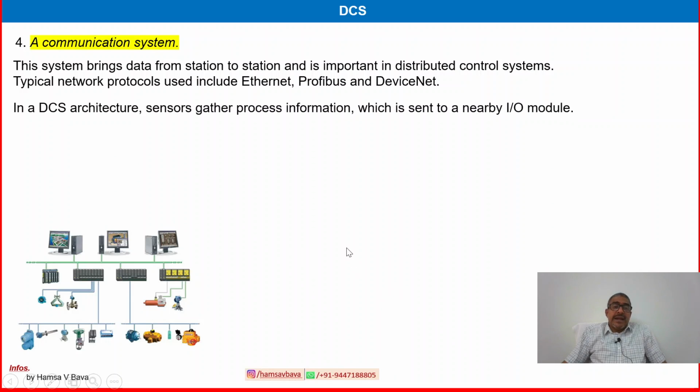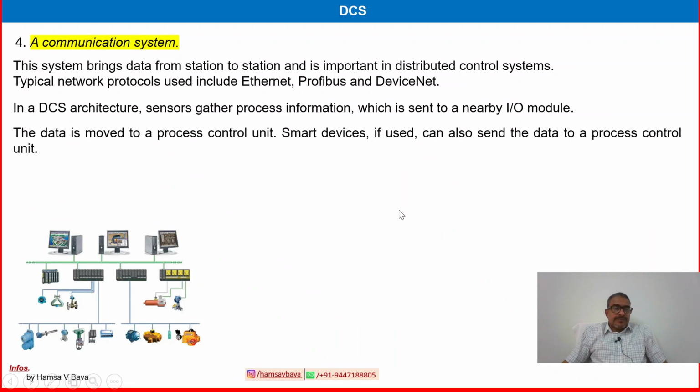In a DCS architecture, sensors gather process information which is sent to a nearby IO module. The IO module is located in LER, local equipment room. The data is moved to a process control unit as well. Smart devices, some field devices are digital smart devices, if used, can also send the data to a process control unit directly.